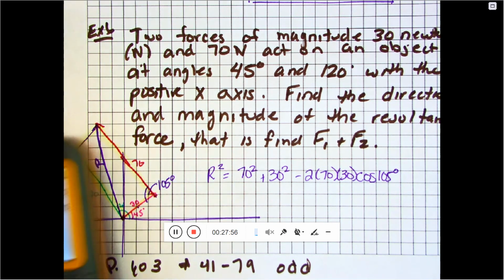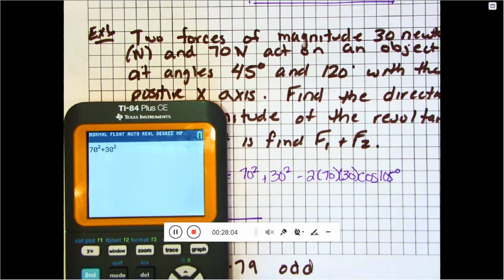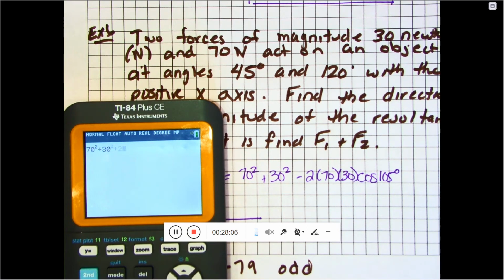So we're going to put that in our calculator. So it would be 70 squared plus 30 squared, minus 2 times 70 times 30 times the cosine of 105. And remember, that's r squared, so I'm going to square root that. I get 68.65.